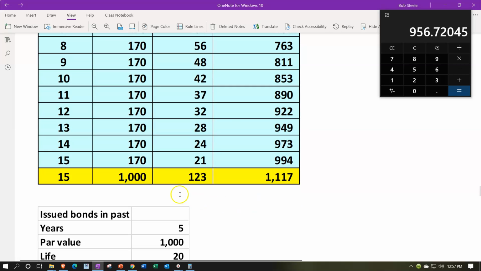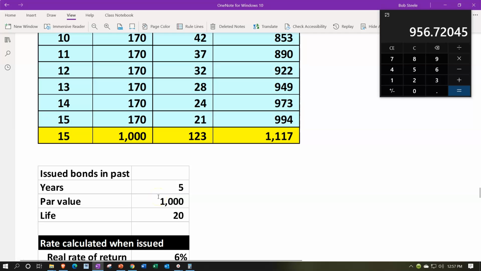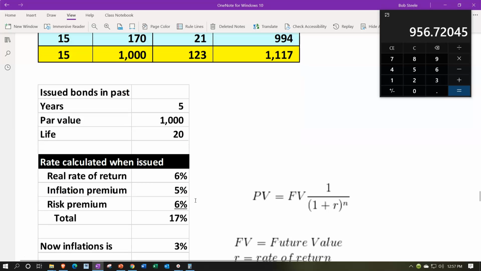We can also tack on in a similar fashion, doing this the magic way, and say, why don't I just pull in that 1,000, which is also now 15 periods out. Now, if it's only 15 instead of 20 periods out, it is worth a present value of 123. That 123 plus the 994 now adds up to what we would consider the price of the bond, it now being higher than the value, the 1,000, not because 5 years have passed, by the way, but because the rate is now different after that point in time.